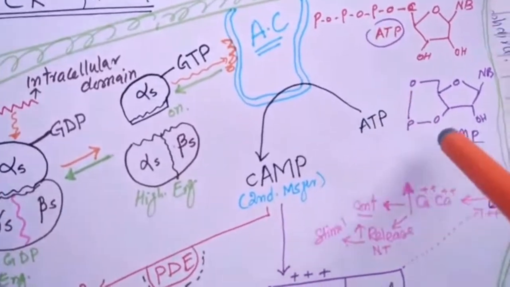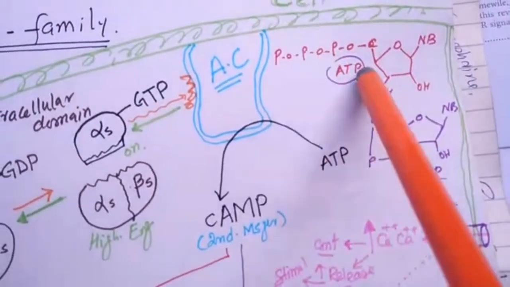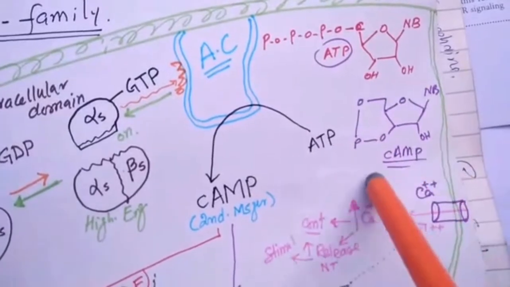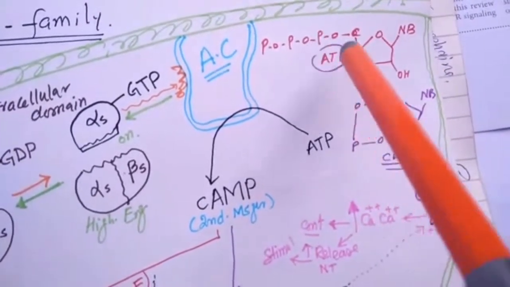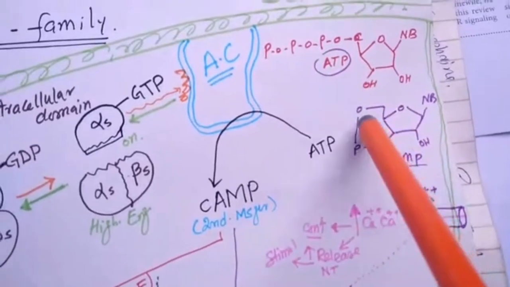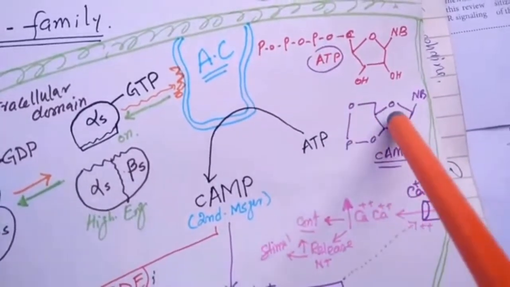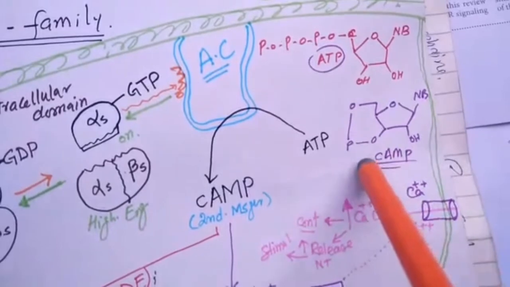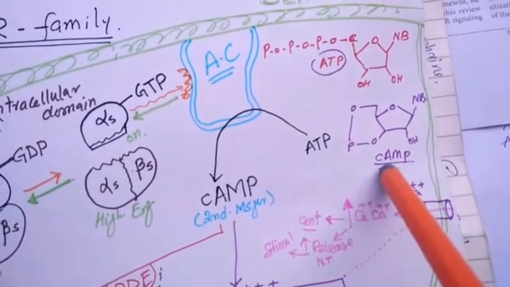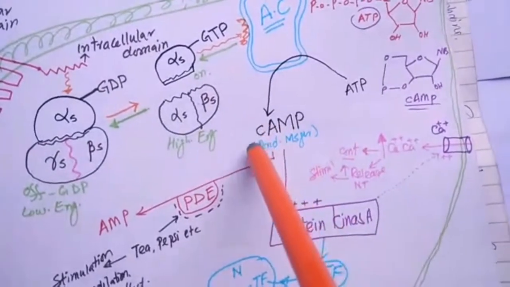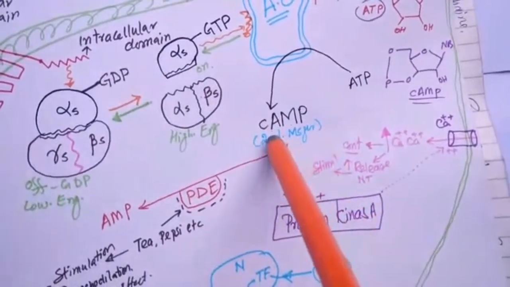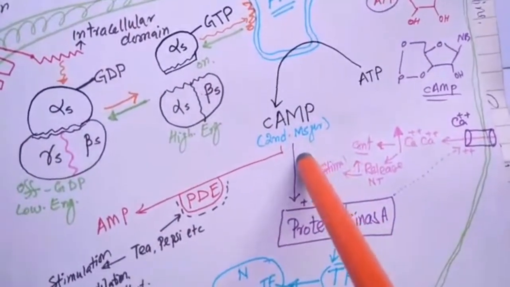This is the structure of ATP, and this is the structure of cAMP. This oxygen, and this phosphate, and this oxygen form an extra cycle. That's why it is known as cAMP, cyclic adenosine monophosphate.